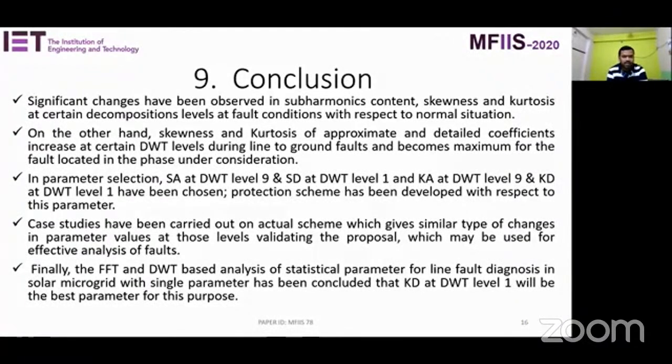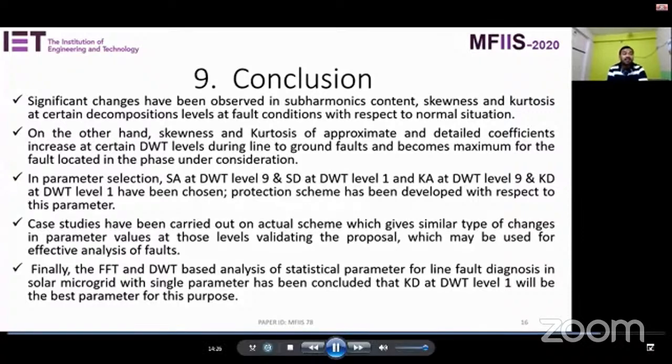On the other hand, the skewness and kurtosis of approximate and detailed coefficients increase at certain DWT levels during line to ground faults and become maximum at the fault located in the phase under consideration. The parameters SA at DWT level 9, SD at DWT level 1, K at DWT level 9 and KD at DWT level 1 have been chosen.